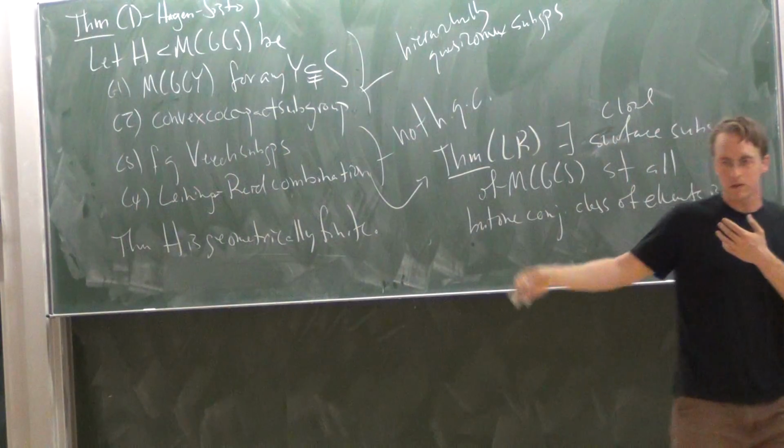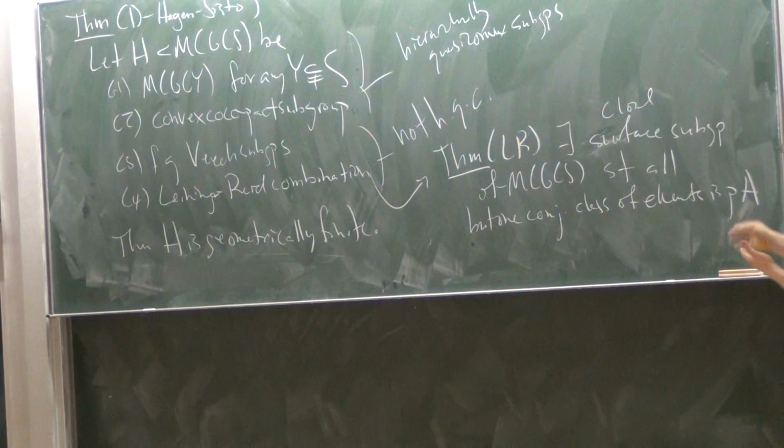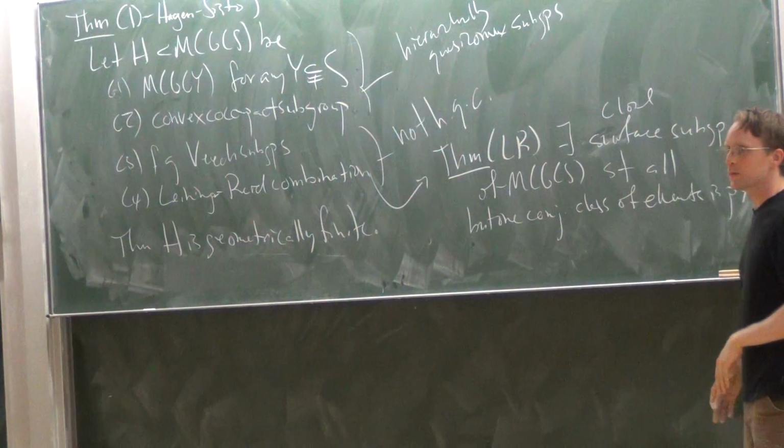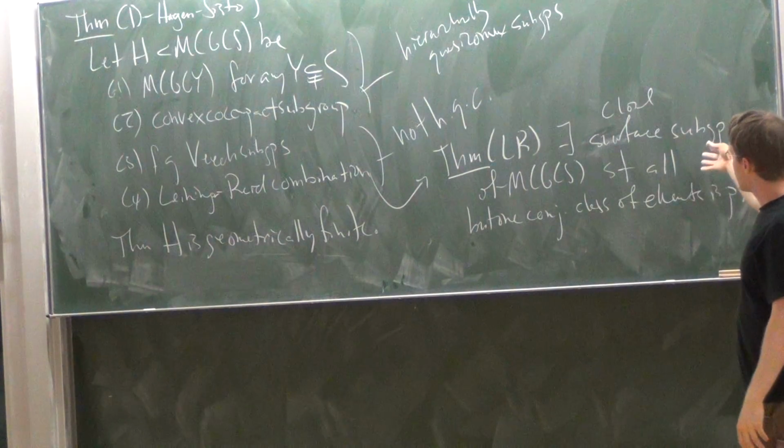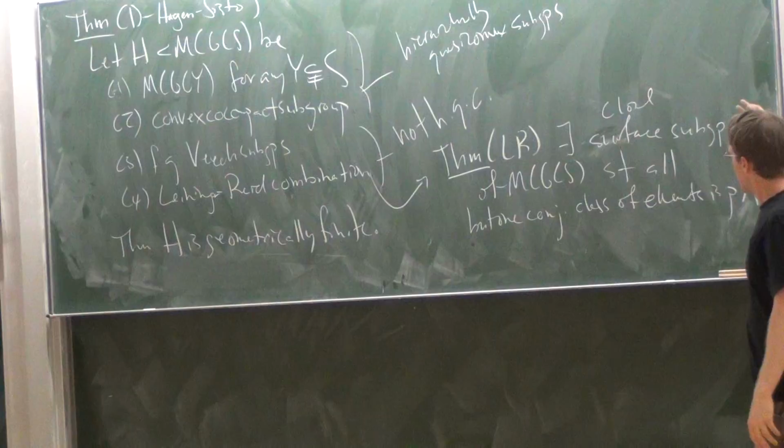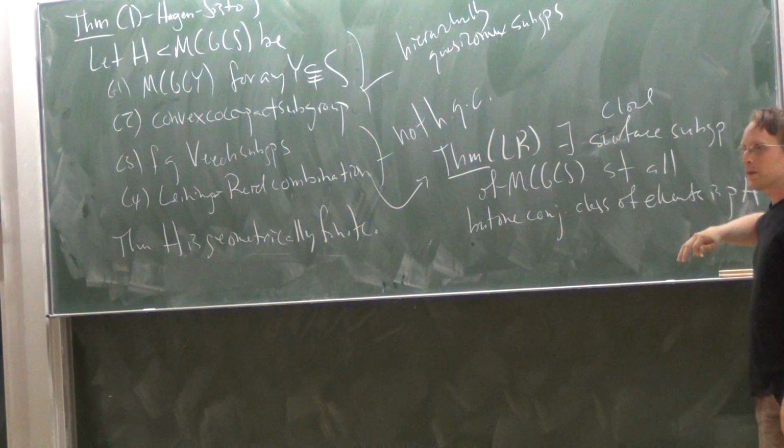So these are as close to being purely pseudo-Anosov subgroups as we have, and building purely pseudo-Anosov subgroups is an interesting thing. And if you can prove that there exists a purely pseudo-Anosov surface subgroup, then you can get everything else.